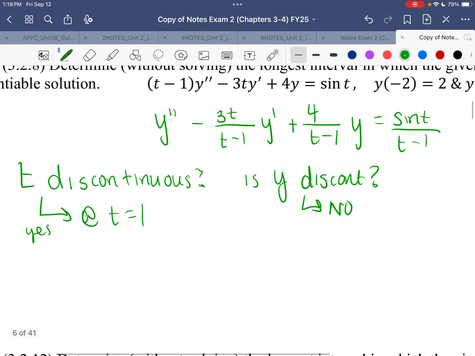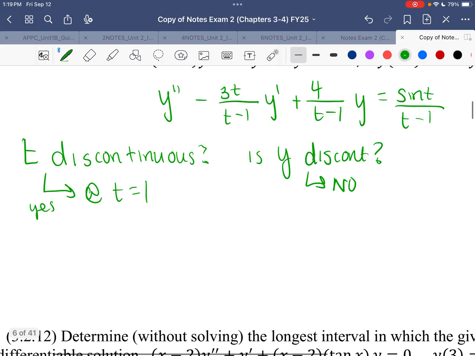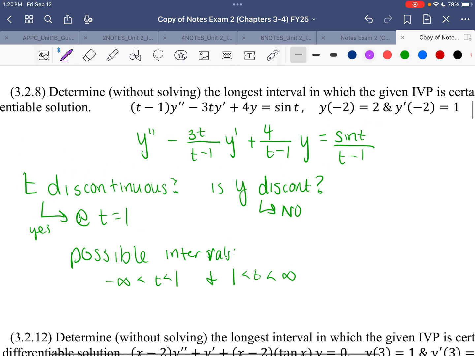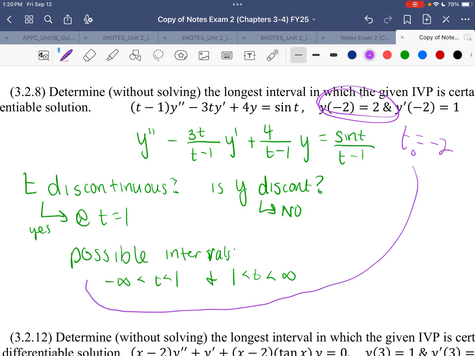This is linear, so it won't have that issue. So we have possible intervals for t: negative infinity to 1 and 1 to infinity. And where is our initial condition? t naught equals negative 2. So this is the largest possible interval where a unique solution would reside.